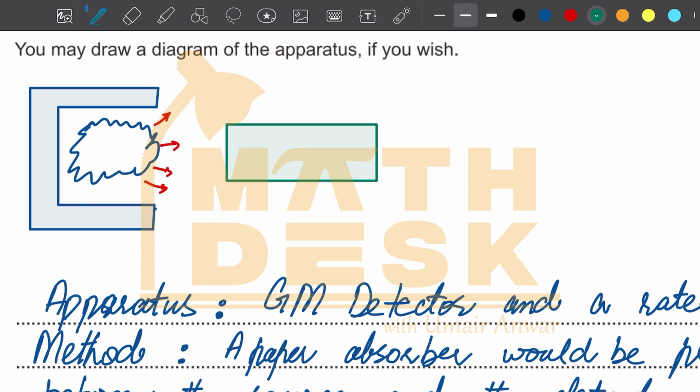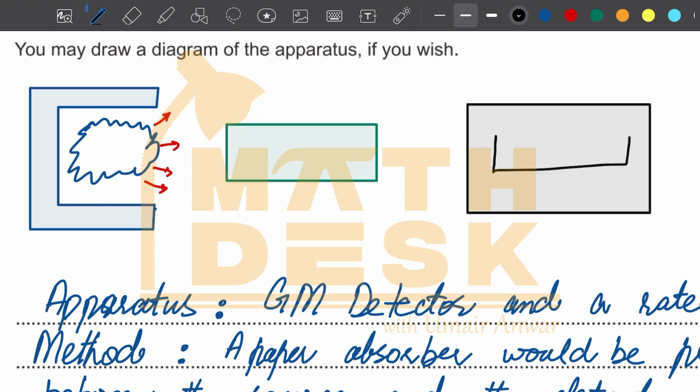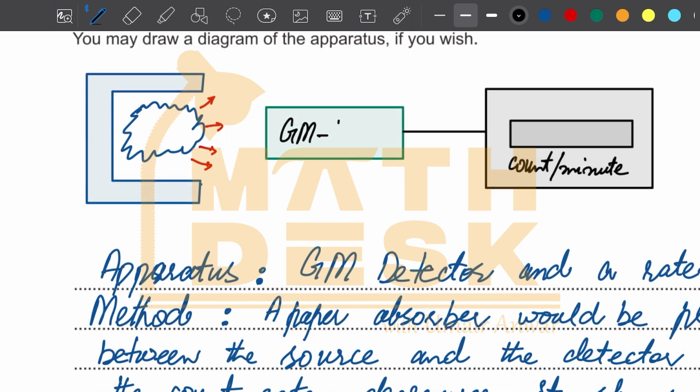Now this would be connected to a rate meter over here, and this would be showing us the reading of count rate, maybe counts per minute.